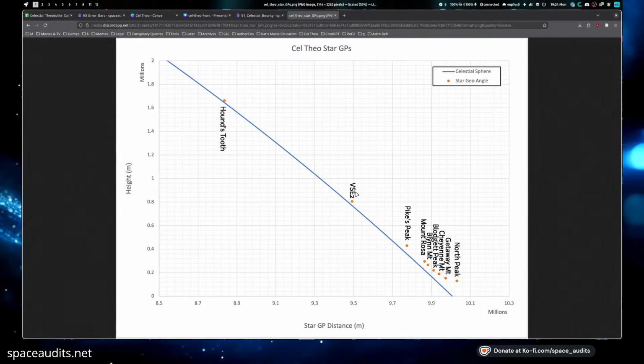And then as we get down to these lower angles, there's a lingering. So based off of not just the angle, but the distance to the peak, we see the North Peak has the most amount of deviation from the celestial sphere. And then down here we have Blend Mountain, and there should be the other blend somewhere around here, but it's not on this one. But we could see how there's a deviation from the celestial sphere.